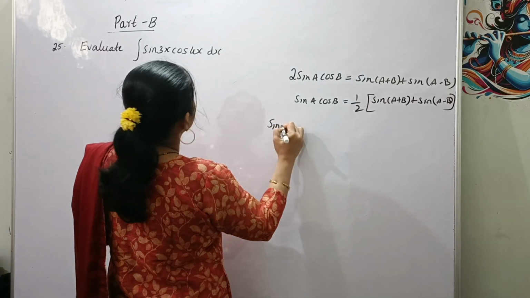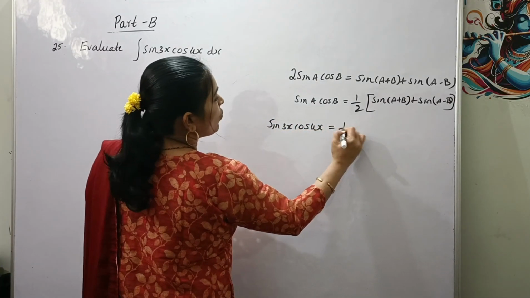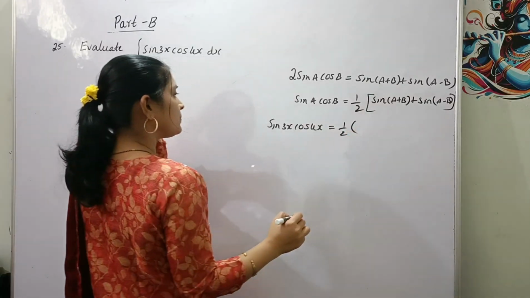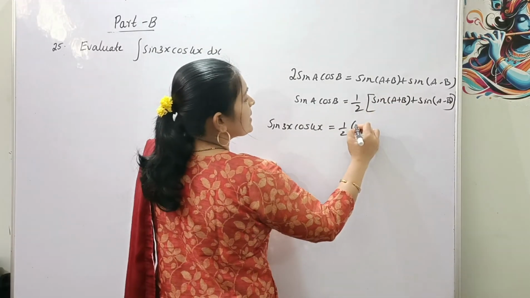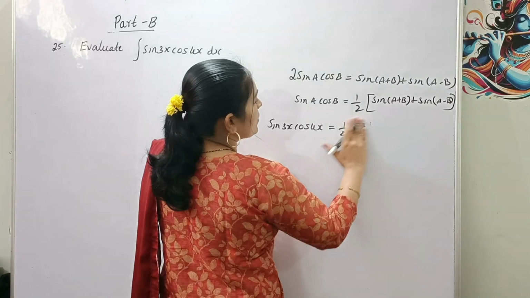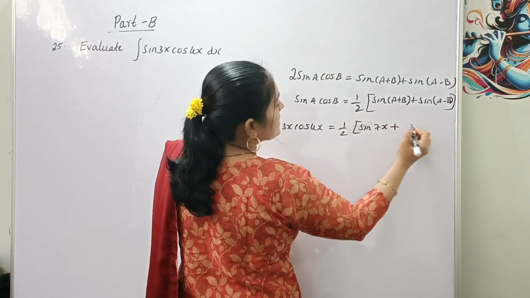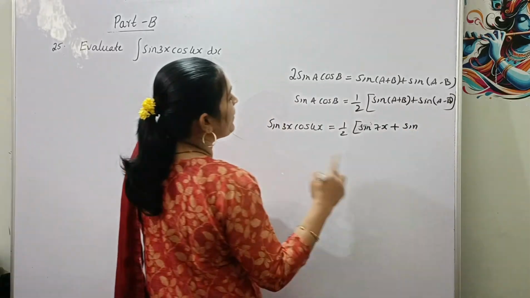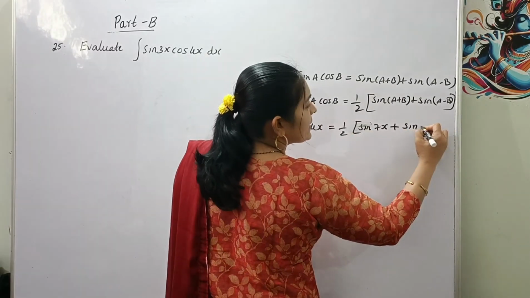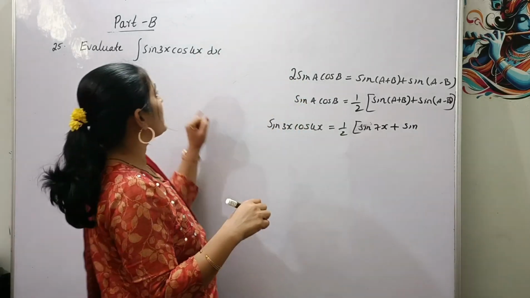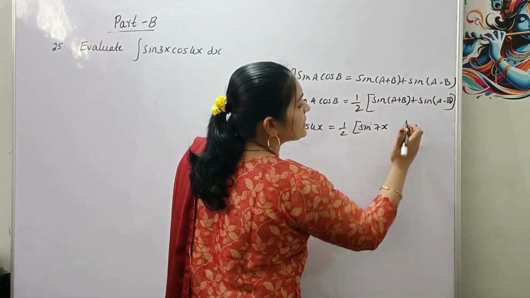So sin 3x cos 4x is equal to 1 by 2 into [sin(3x plus 4x), that is sin 7x, plus sin(A minus B), that is 3x minus 4x, that is minus x]. So sin of minus x is minus sin x.